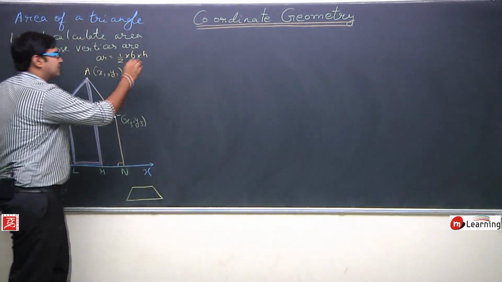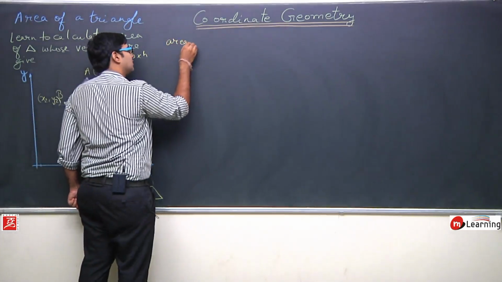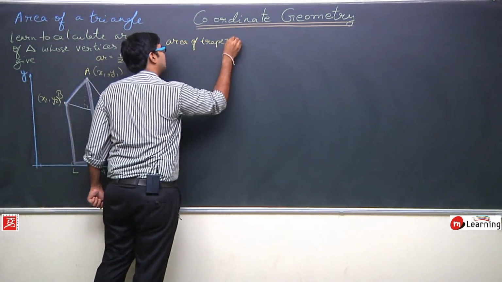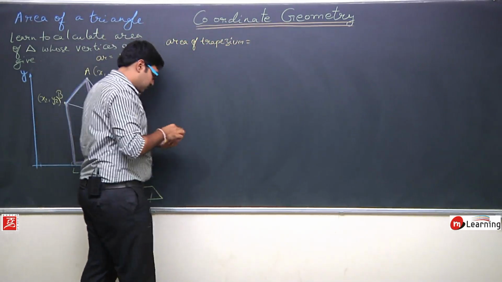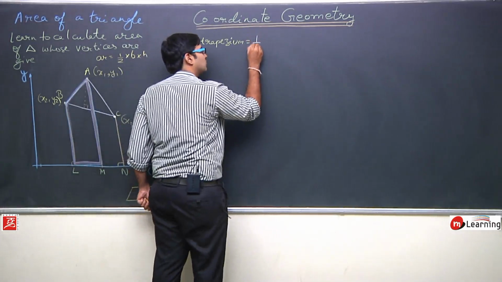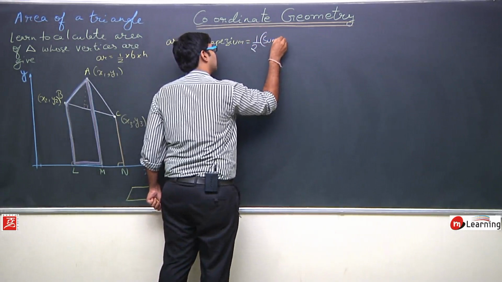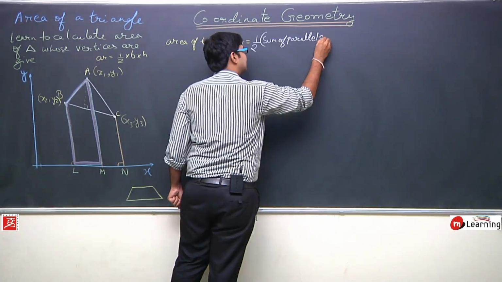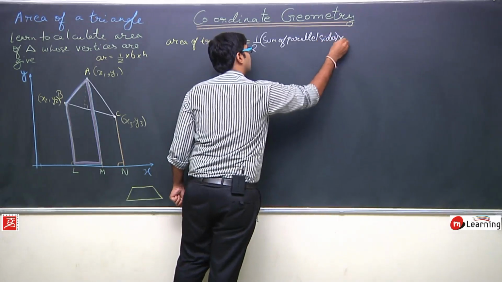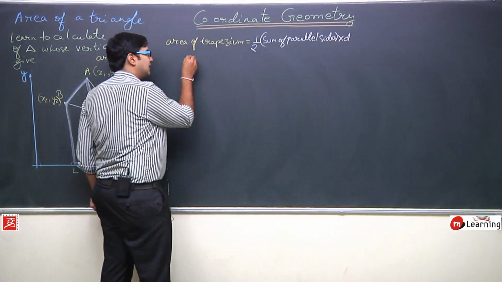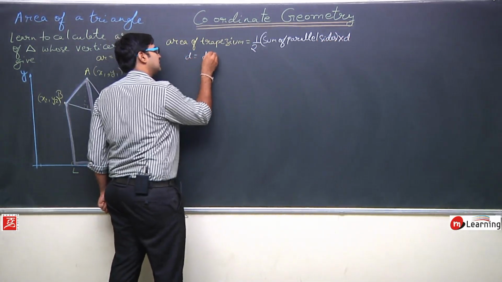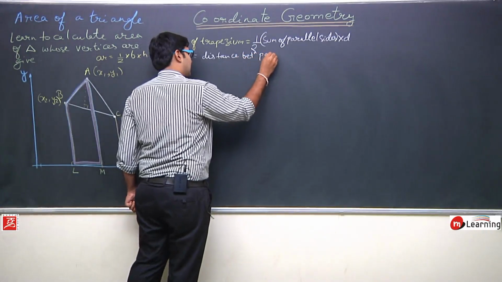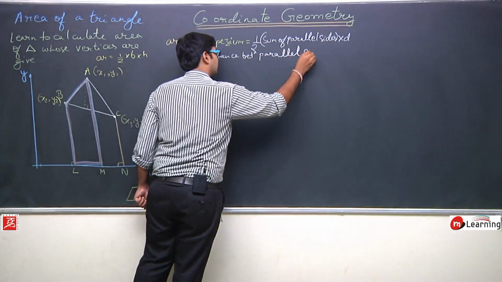So I can calculate the area of a trapezium very easily. The formula for the area of a trapezium is very easy. What exactly is the formula? The area of a trapezium is equal to half into the sum of parallel sides into D, where D is the distance between parallel sides.